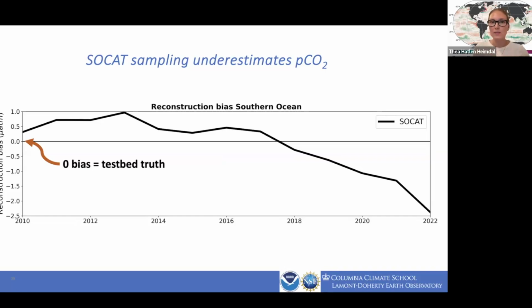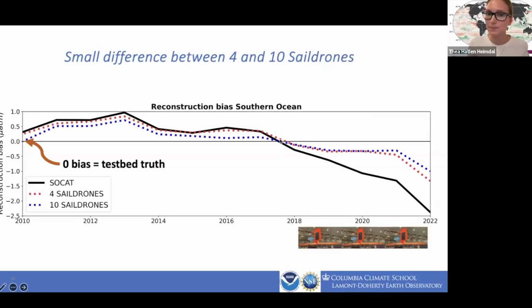The 0 bias is what we're trying to get. The black line shows our reconstruction when we have SOCAT observations pulled from the testbed only. We see an overestimating of pCO2 until about 2018, and then we see pretty strong underestimating of pCO2. And this is the period where we will now add sail drones.